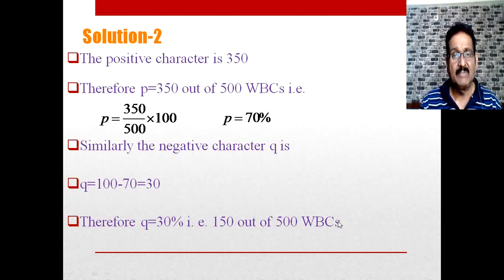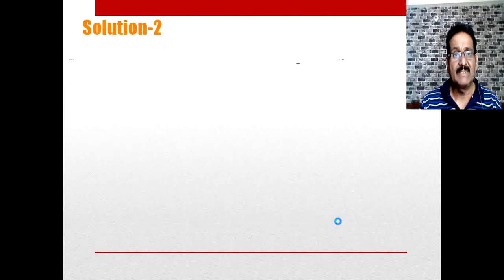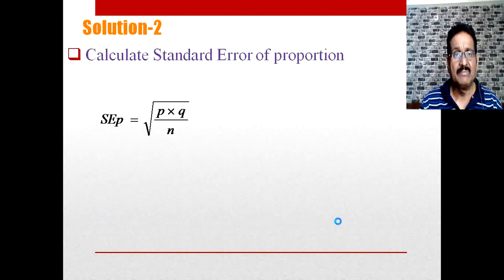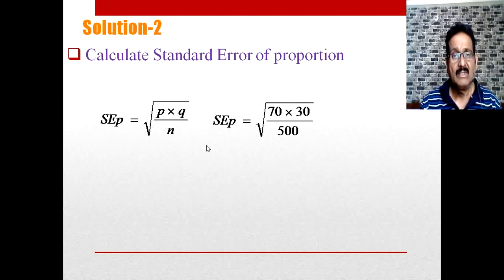After getting P and Q, you can replace them in the formula of standard error of proportion, square root of P into Q upon N. That is 70 the positive character, 30 the negative character, and sample size 500.